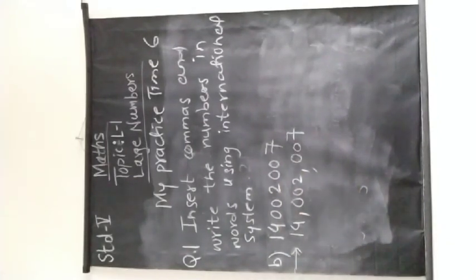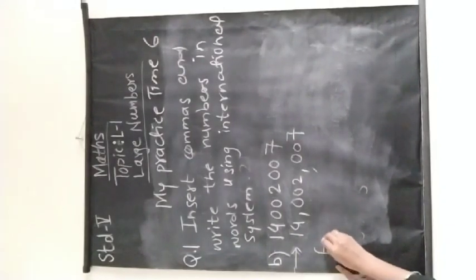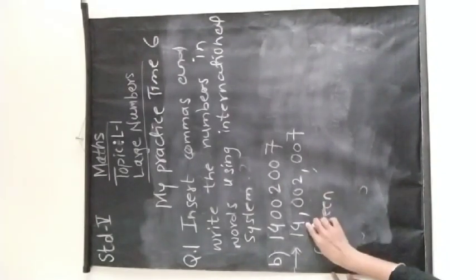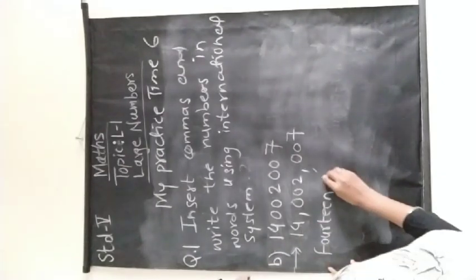Now how to write it in words? It is 14,002,007. This place is the millions place, so 14 is 14 million, because this is the million place and this is the 10 million place.